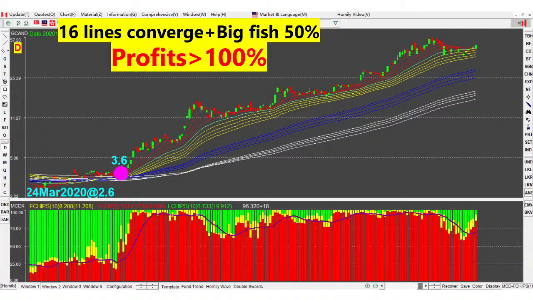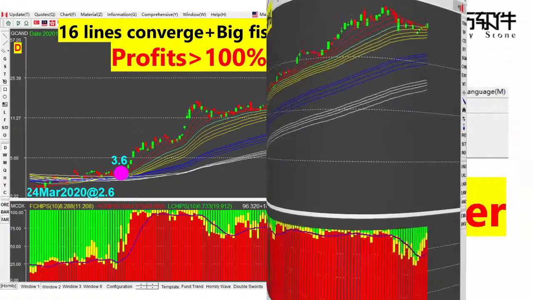This is the technology, the software. We can use this pattern to filter all the market, all this kind of shares. The software will scan automatically for us, and then we just follow. From $3.60, now it's more than $60 already and continue rising.